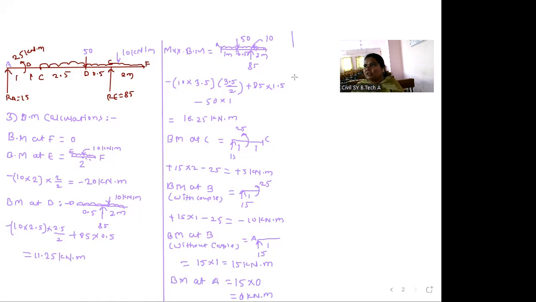Now we will draw the shear force and bending moment diagram.